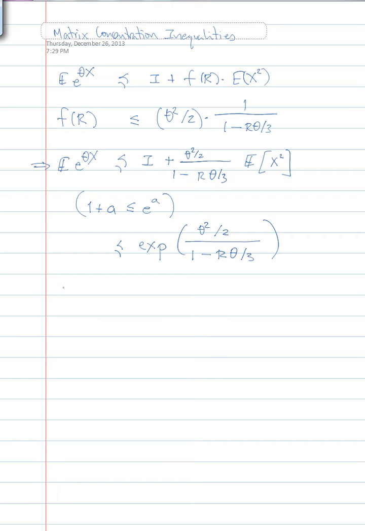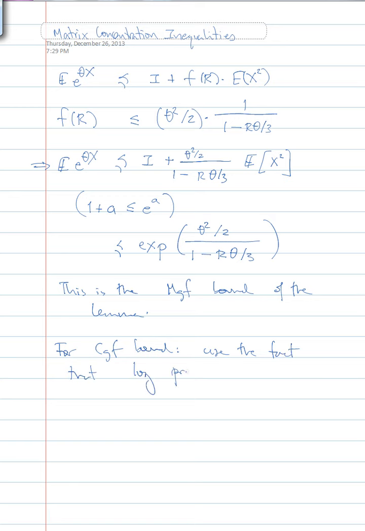So this is the MGF bound of the lemma. And then for the CGF bound, we use the fact that the log preserves the semi-definite order.